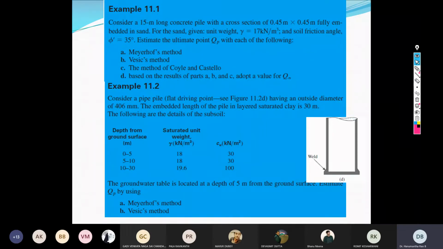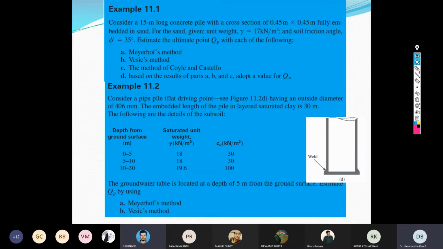Anyone? Sir, for Meyerhof, directly we have formula, na, sir.